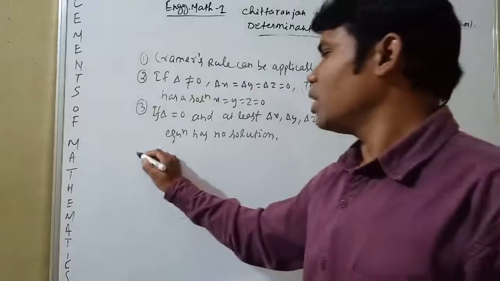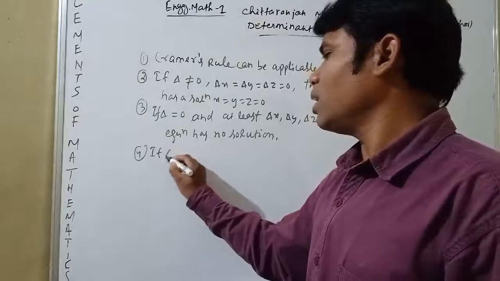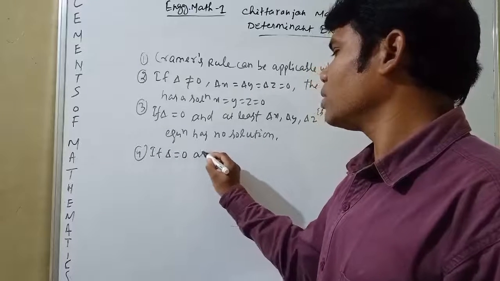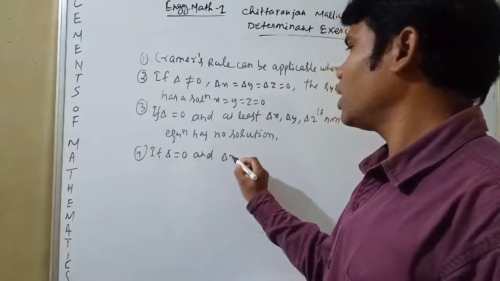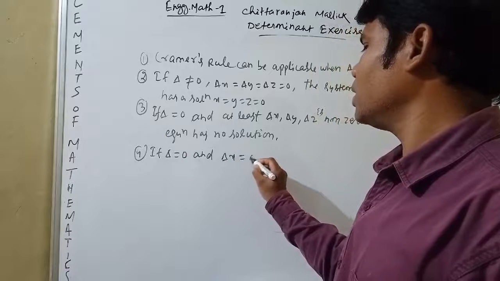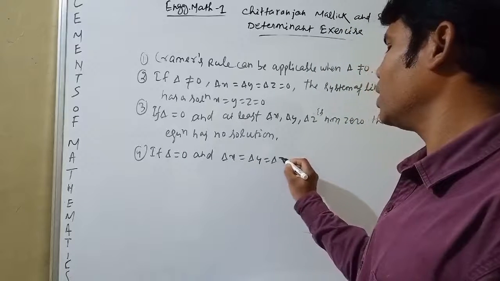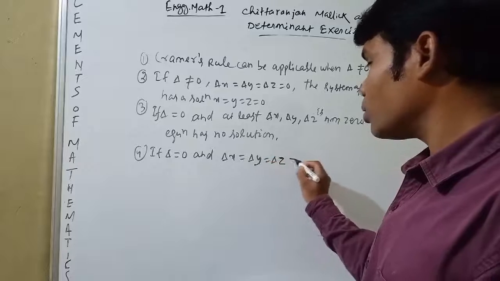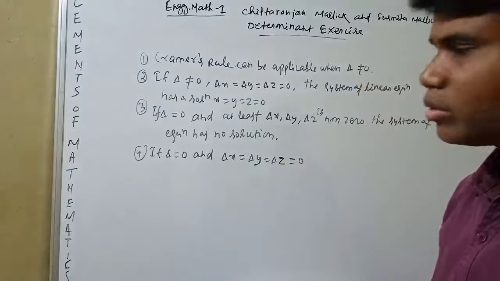Next, if del is equal to 0 and del x is equal to del y is equal to del z is also 0, understood my point?